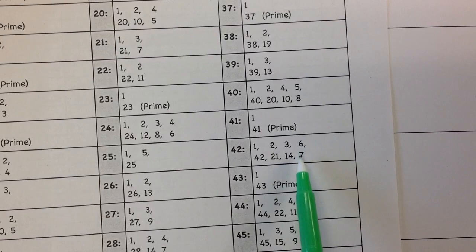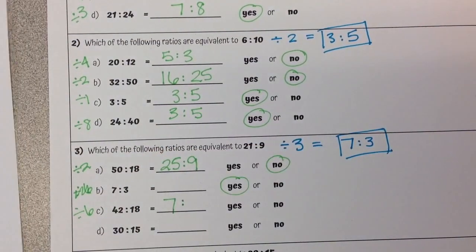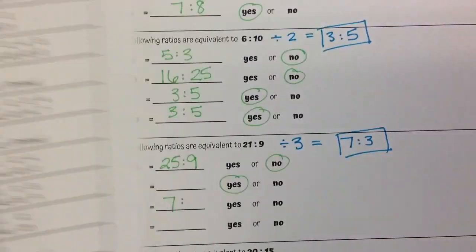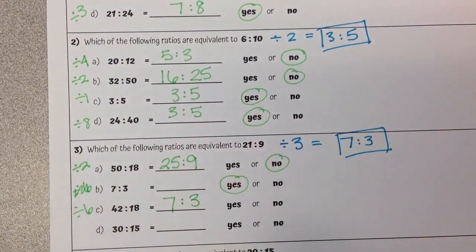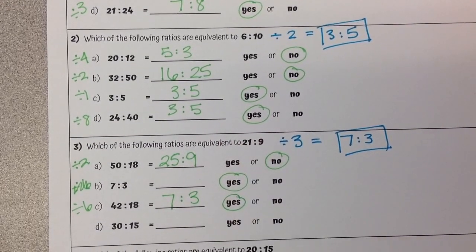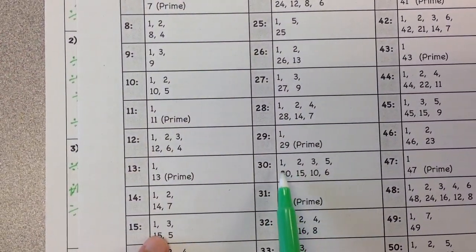The 6 matches up with 7 vertically, so that is 7. 18 divided by 6, the 6 matches up with 3. Is 7 to 3 the same thing as 7 to 3? Yes.